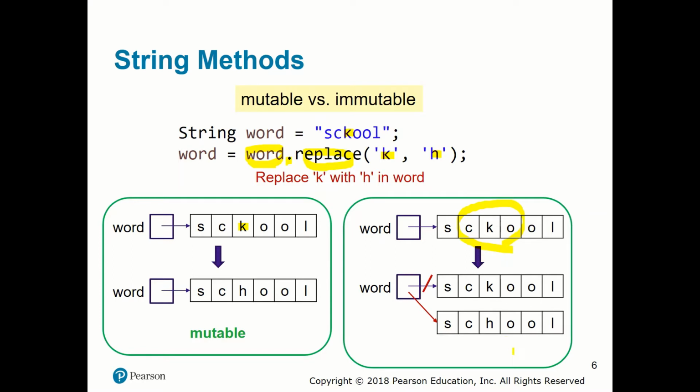Instead, we make a new object and then change this reference value. This is immutable. So string objects are basically immutable. So every time you use a string object, this immutability applies.